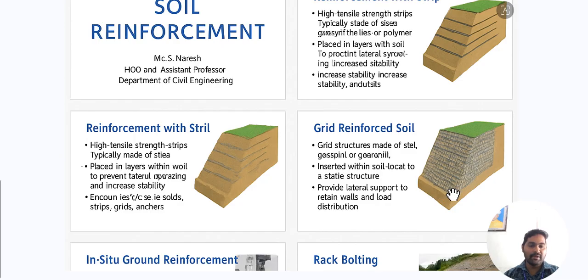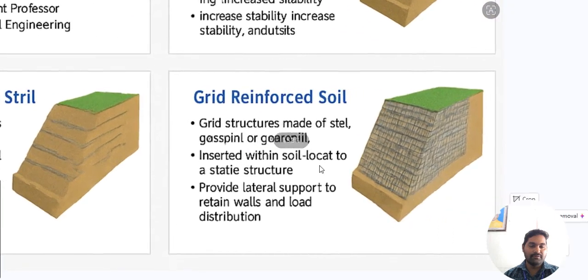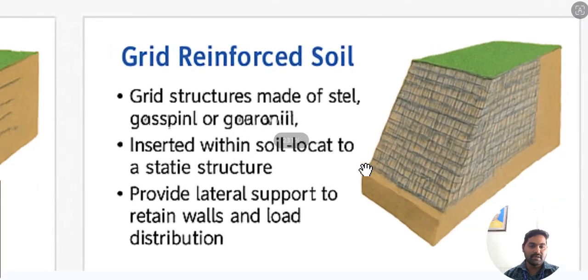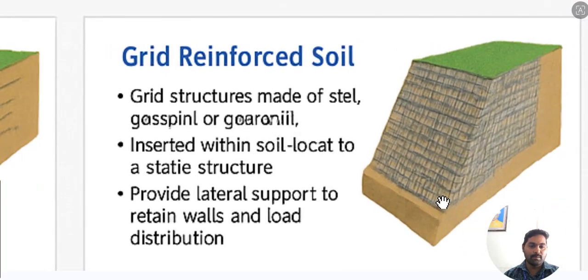Then again we place soil over that particular reinforcement, apply compaction and provide the second layer of reinforcement, and the first layer and second layer are combined together. If you observe in the figure, there is a grid type of model placed in the soil.